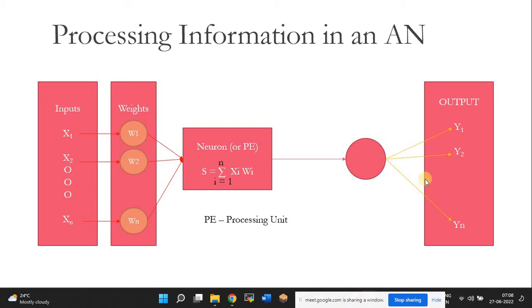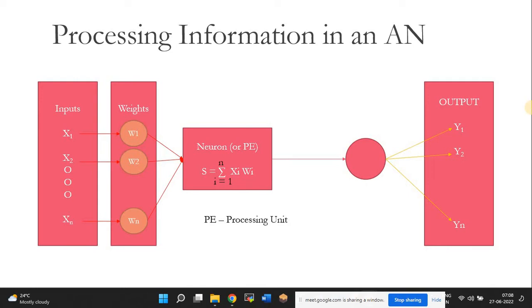The circle is the neuron, and that comes out as an output depending upon how you want it. It can be a single output or multiple outputs, depending upon how, within the neuron, I can have multiple outputs to give whichever outputs need to be outputted.